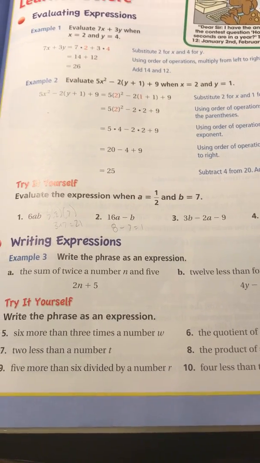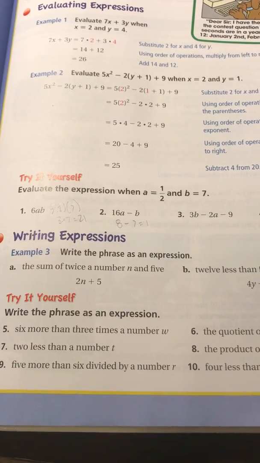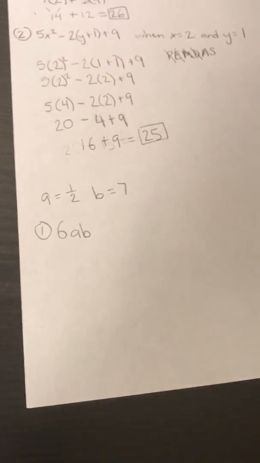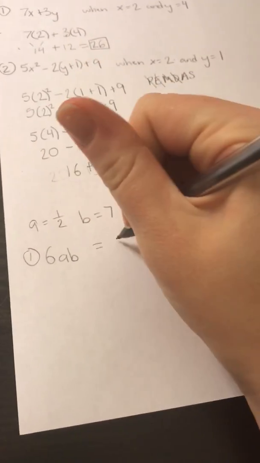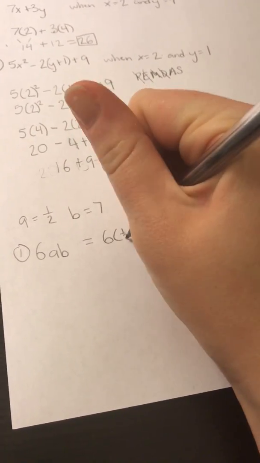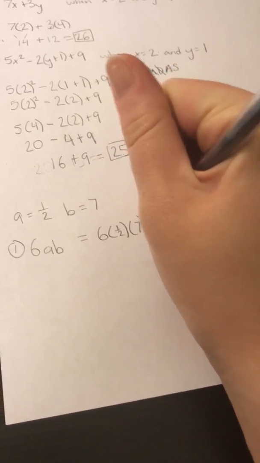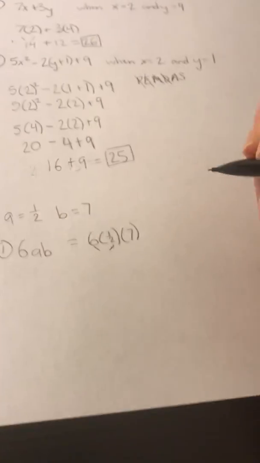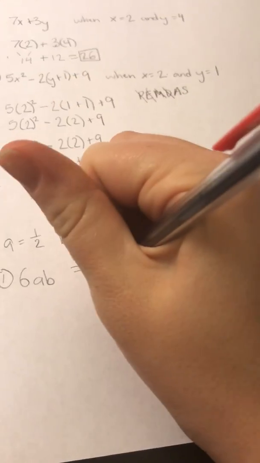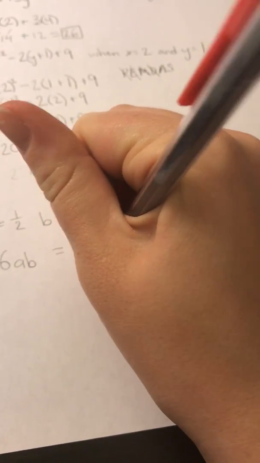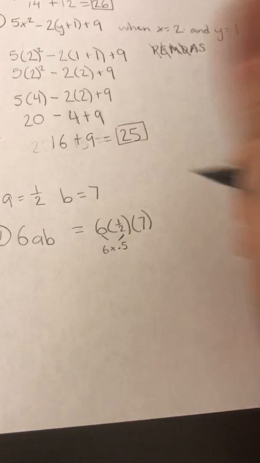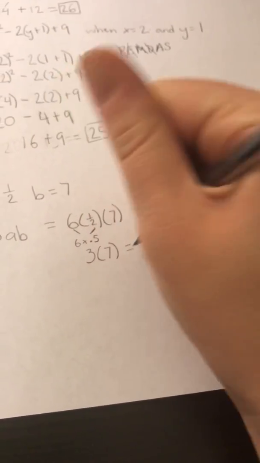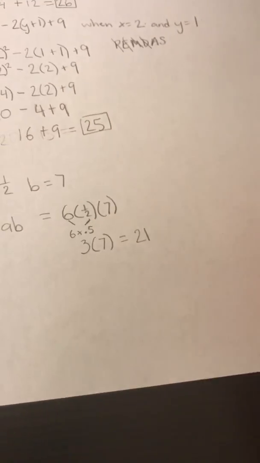Number 1 says 6 times A times B. So we're going to write this out down on our paper: 6 times 1/2 times 7. An easier way to think of 6 times 1/2 is thinking 6 times 5/10. That's going to give you 3. Now you have to do 3 times 7, which equals 21.